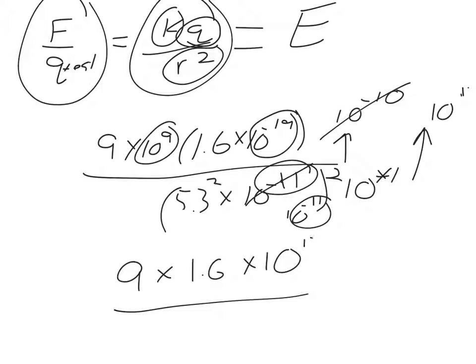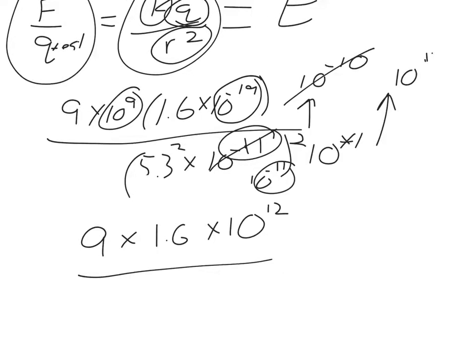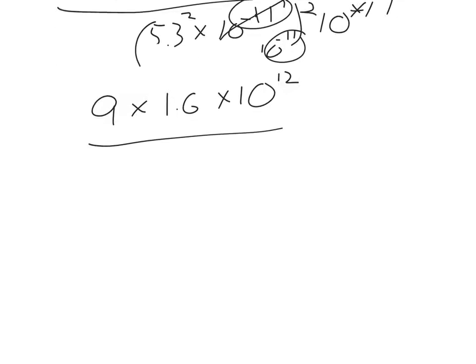So there's going to be 12 tens on top. On bottom, so I'll have that on top, and I'll have 5.3 squared on bottom.